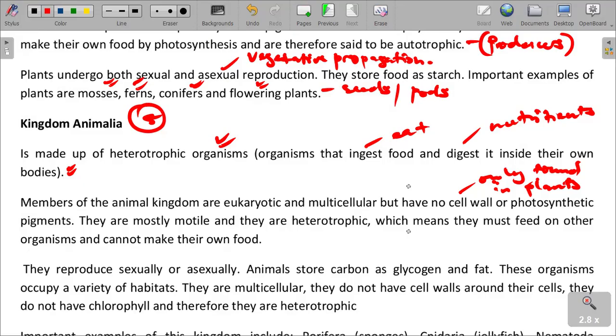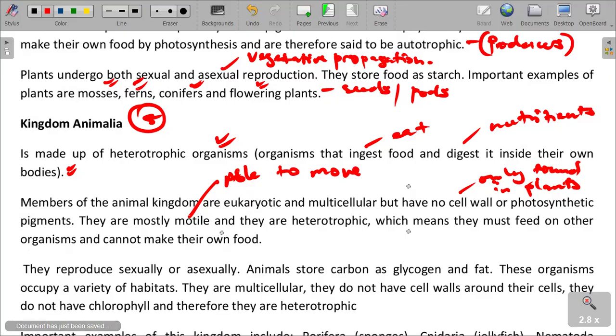They are mostly motile, able to move. They are heterotrophic, meaning they cannot make their own food, which means they must feed on other organisms.